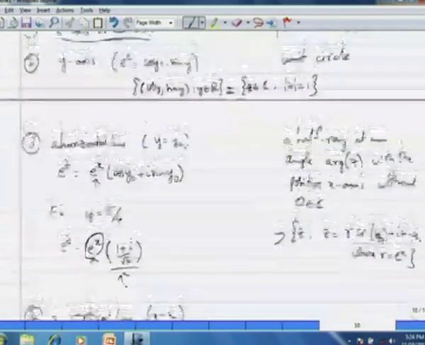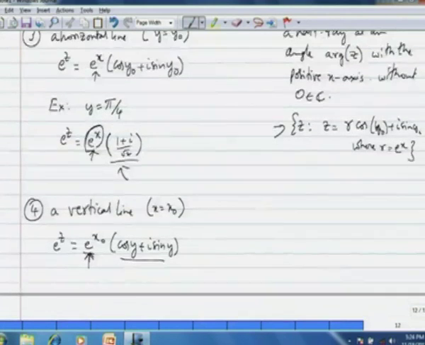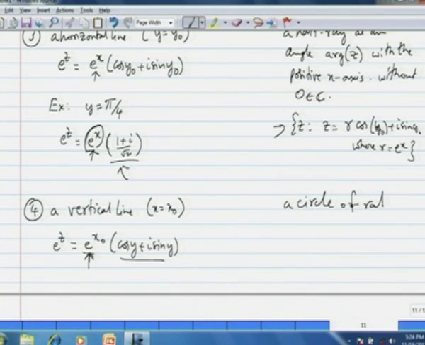Now let us look at one more important subset. I did not complete the description here. The image is a circle of radius e power x naught centered at the origin.